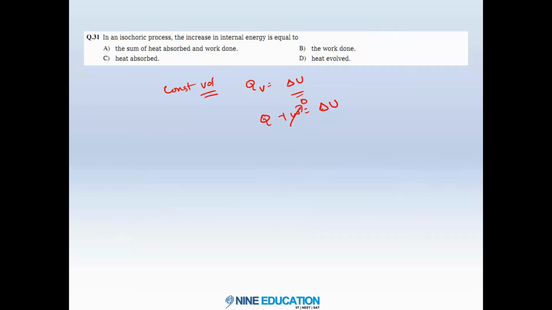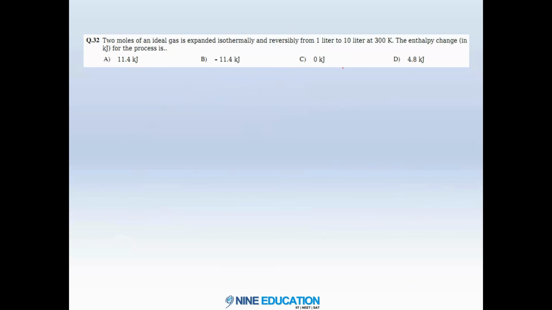Okay, so this is a little tricky. You have to understand whether heat is absorbed or evolved, because we are talking about the increase in internal energy. The increase in internal energy will happen only if you give energy to the system. So heat must be absorbed into the system, not evolved, right? Then only it is plus Q also, because you know the sign convention, anything you give to the system is positive. Anything you take is negative. So here it is clearly positive. So it has to be the absorbed heat.